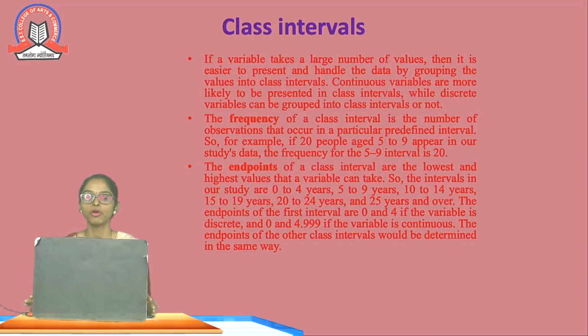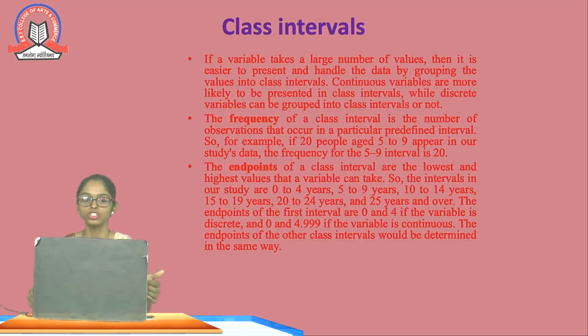The endpoints of a class interval are the lowest and the highest values the variable can take. So the intervals in our study are 0 to 4 years, 5 to 9 years, 10 to 14 years, 15 to 19 years, and 25 years and over.